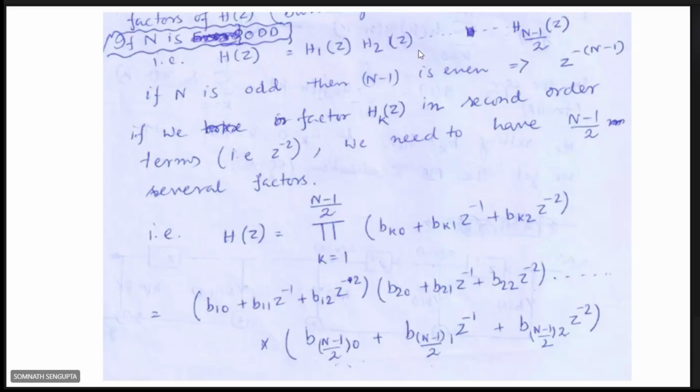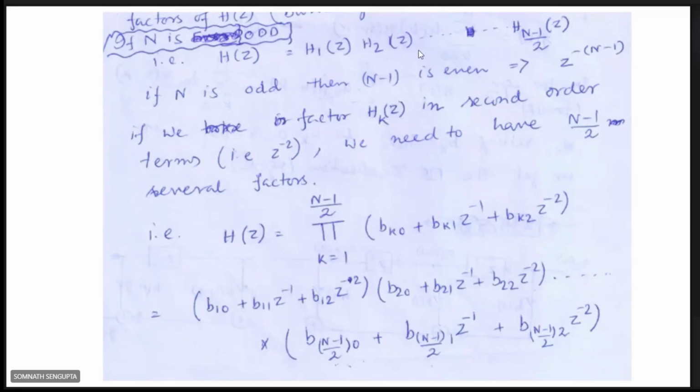So it is said that if the highest order term in the expression is z to the power minus 2, and other terms are there, let us say it is 1 plus 2z inverse plus z to the power minus 2.